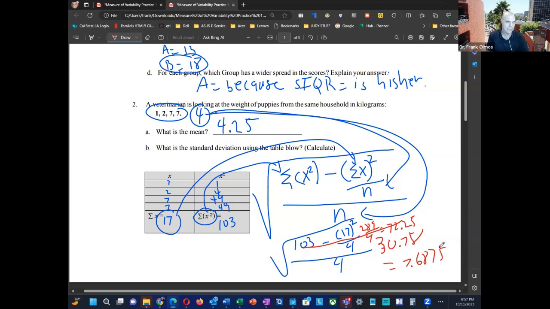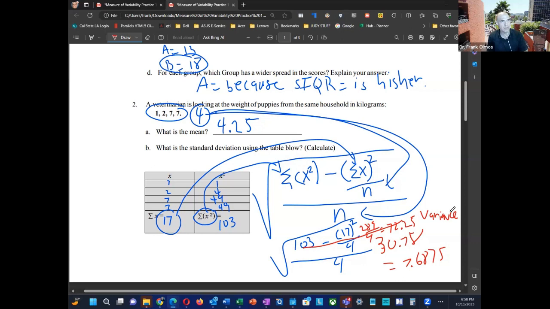That is technically, once I do the stuff under the square root, what is known as the variance. Okay, this is the variance. But there's one more step you have to do to get the standard deviation. To get that, you just square root 7.6875.